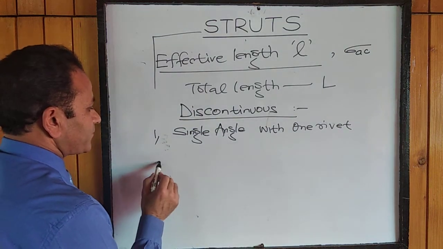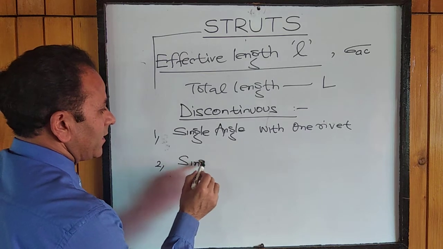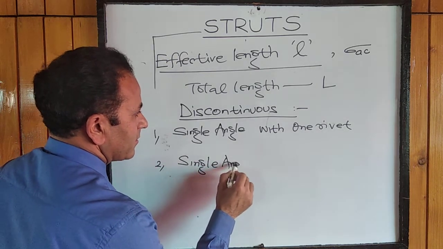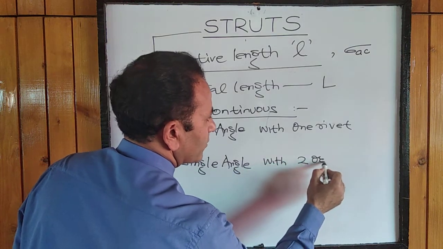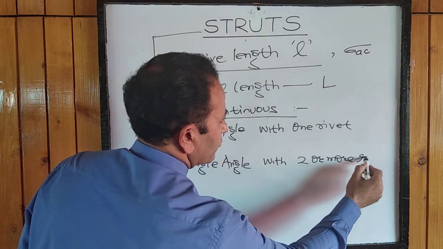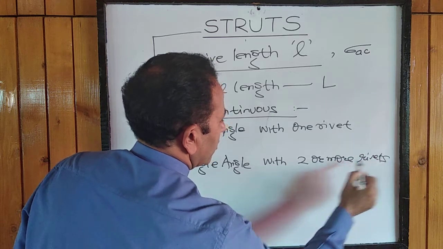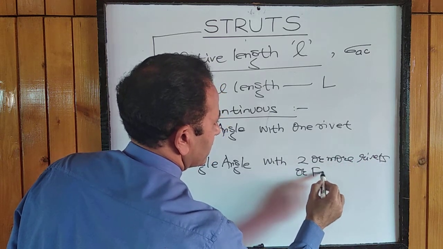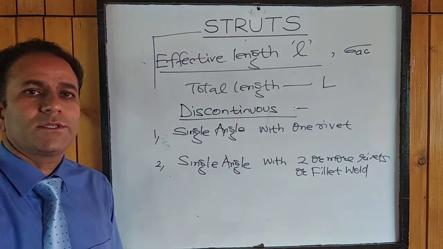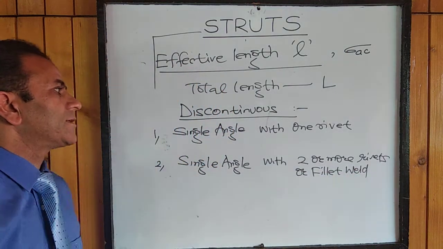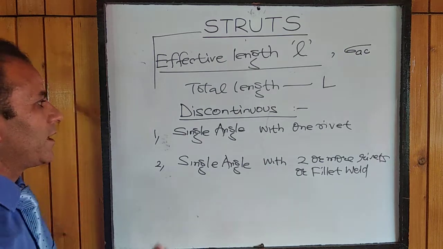Or it may be a single angle section connected with two or more rivets, or a fillet weld. So this is the case in a discontinuous type of member.